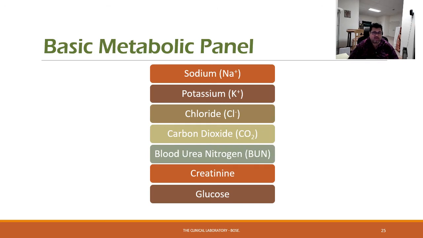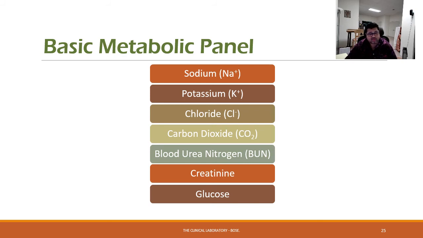So the basic metabolic panel components are shown on the screen. It looks for these particular electrolytes like sodium, potassium, chloride, and it also includes reports on carbon dioxide, BUN, creatinine and glucose. So why do we need these?